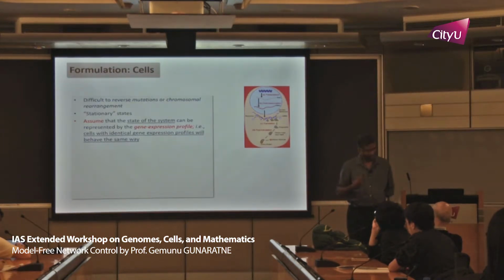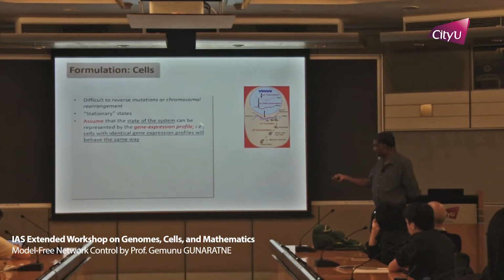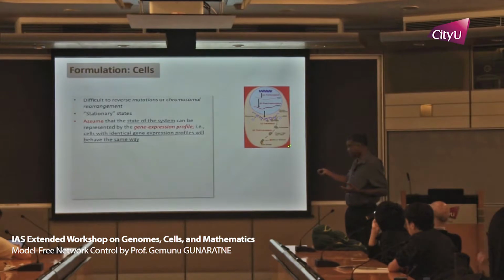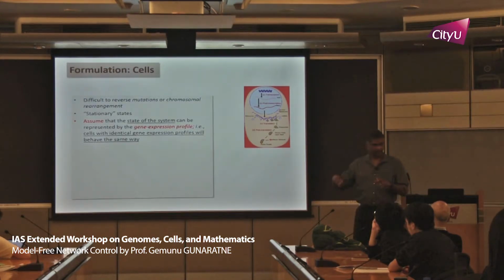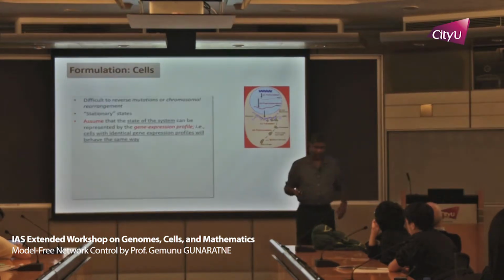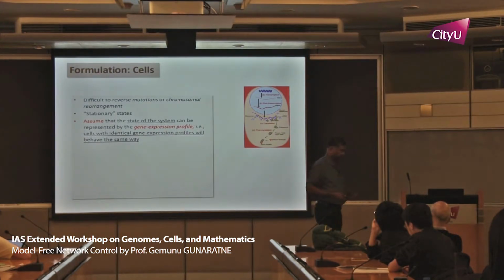And so you might assume that the gene expression levels, the concentrations of genes outside here, will tell you something about what the state of the system is. Certainly if the system is stationary, that is going to be true. If it's not stationary, maybe it's much more complicated. The other biomolecules also might be very important.